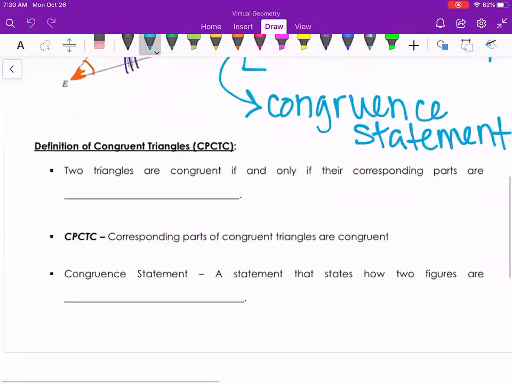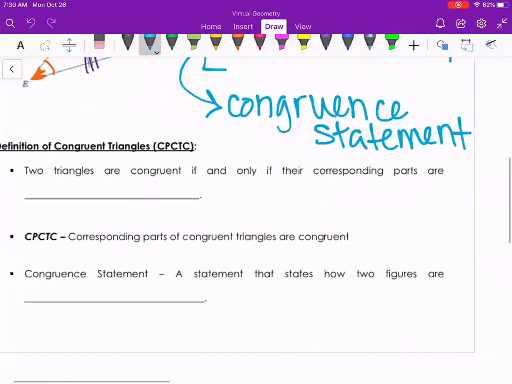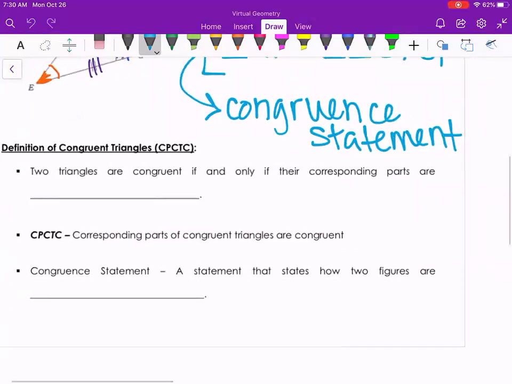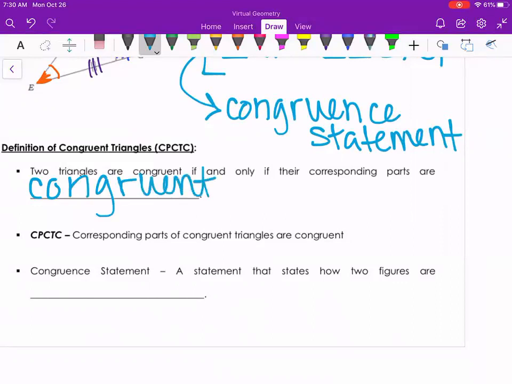All right, so we have a definition when we deal with congruent triangles. It says two triangles are congruent if and only if their corresponding parts are congruent, and that's what we just proved. And we have an acronym that we use to represent that definition. It is those five letters, CPCTC.